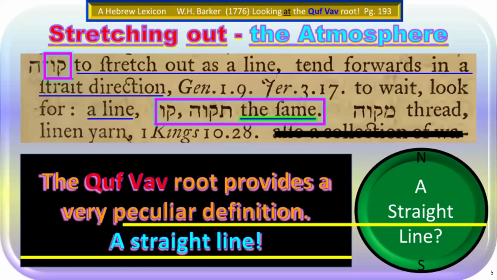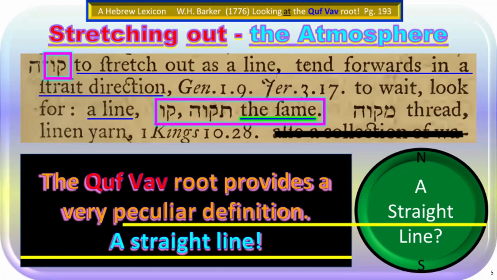Let's go to the right. It has the Mem Kuf Vav He. That has the mem in front of the Kuf Vav. It's a thread, linen yarn. Linen is for healing. That might be interesting.